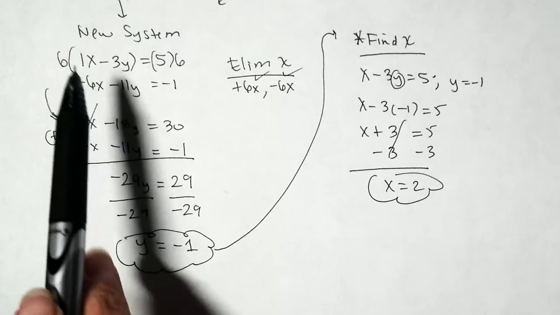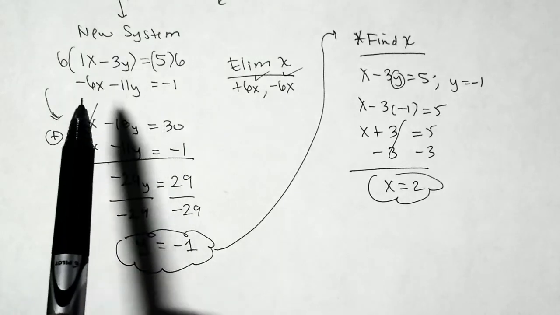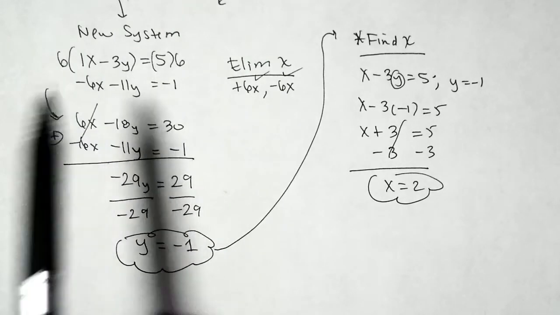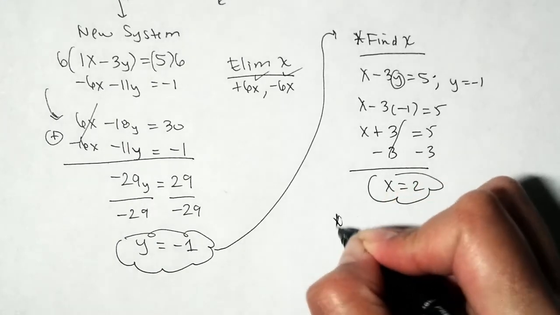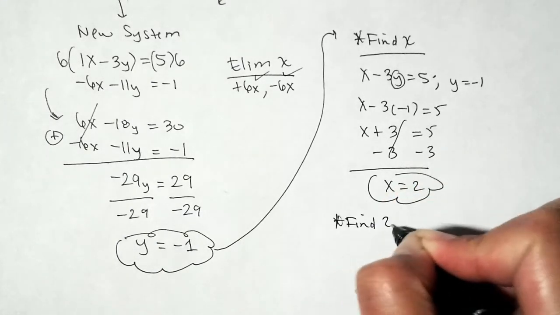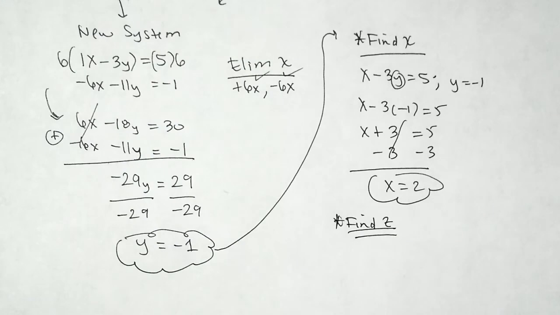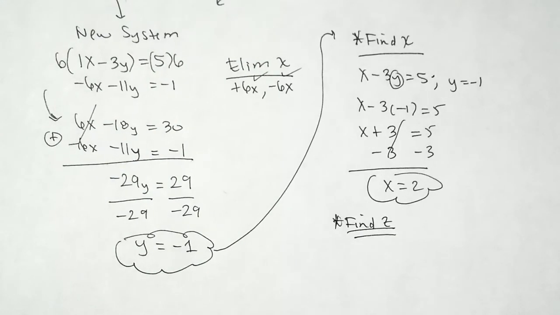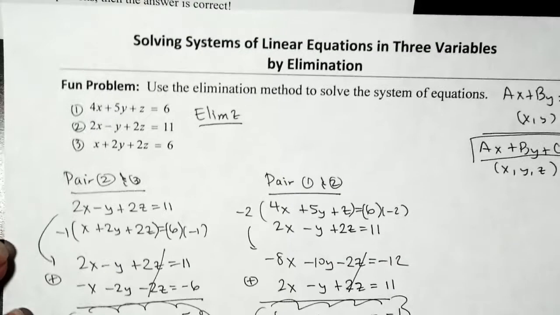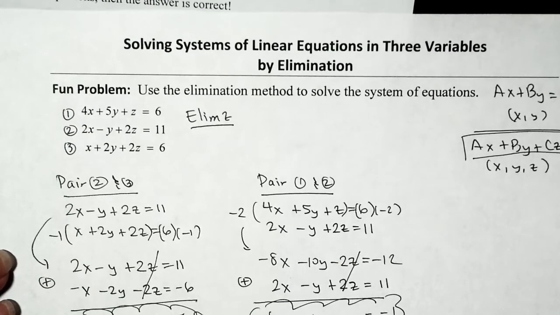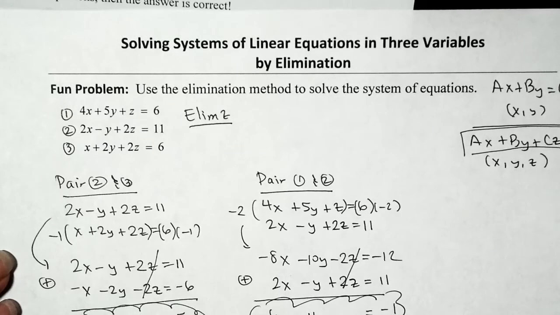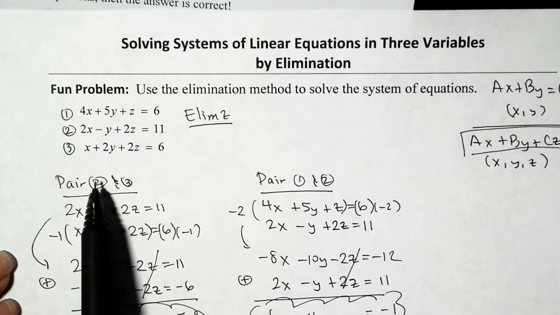Okay, so we found the x and we found the y, which were the variables in our system in two variables. Now we have the green light to find z. Okay, so how are we going to do that? We're going to take any equation that has the variable z. It could be any of the equations. Let me go ahead and project them. Okay, so which one should we pick? Whichever one scares you the least. I think I'm going to pick this one.